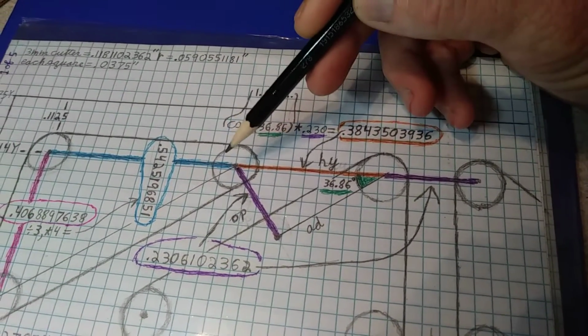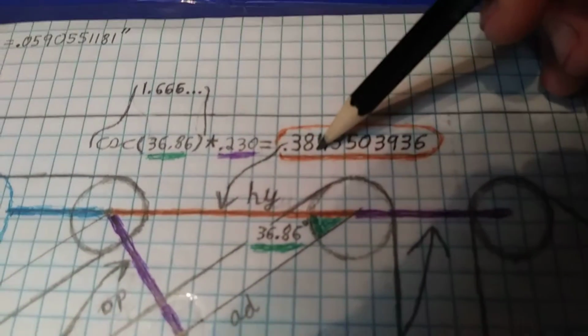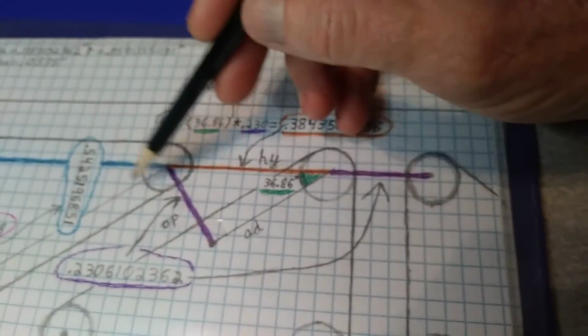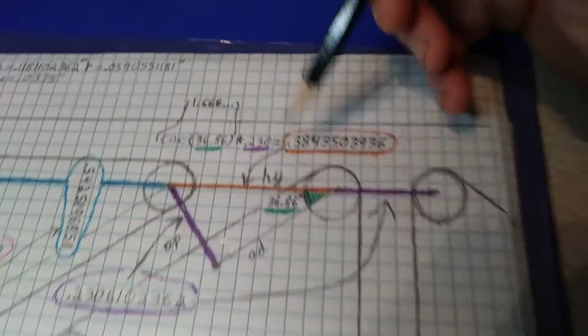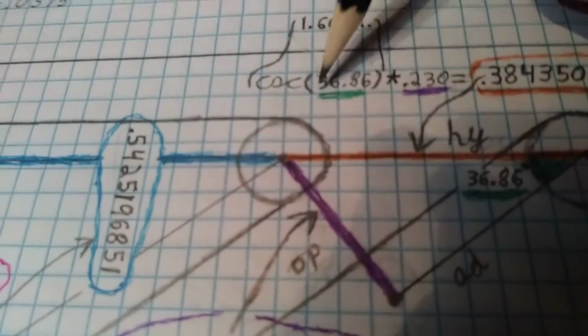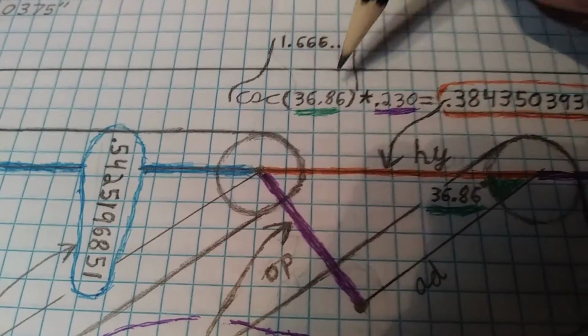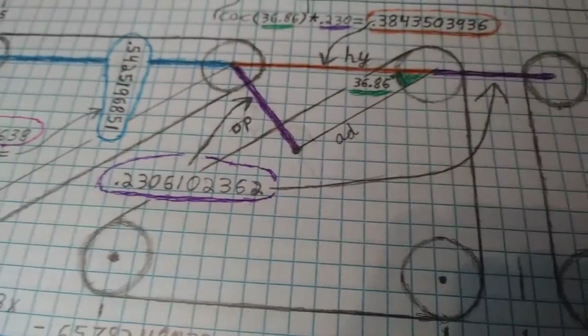I have to pull the cutter out, and I have to go that far. So I jump over the material, pull up, go over the material, and plunge back in here. That's that number. And I got that from the cosecant of 36.86 degrees times the opposite side length.